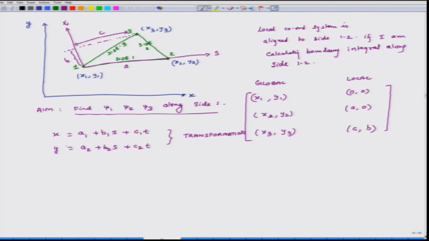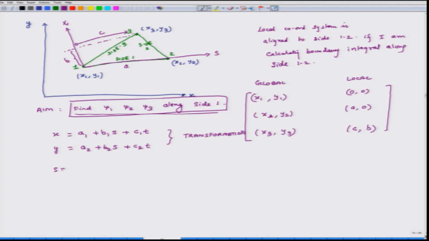So now, this is our ultimate aim, to find psi, but before we find psi, we have to know what is the nature of this transformation, right. So that is what we plan to do. So let us proceed.